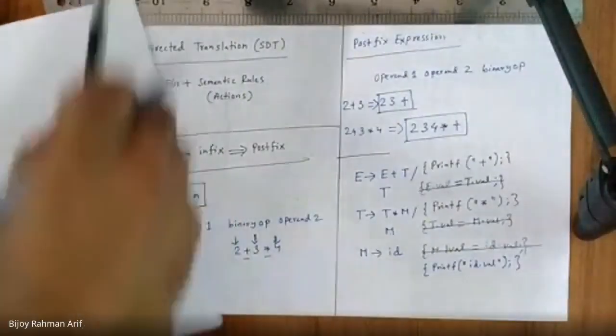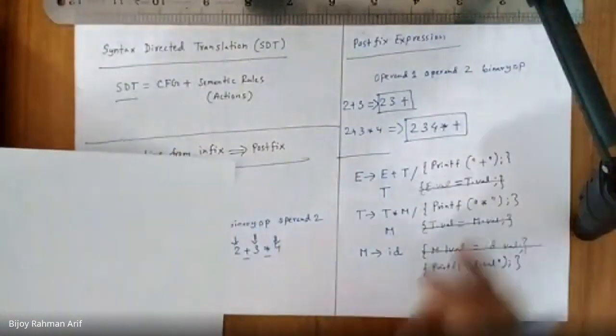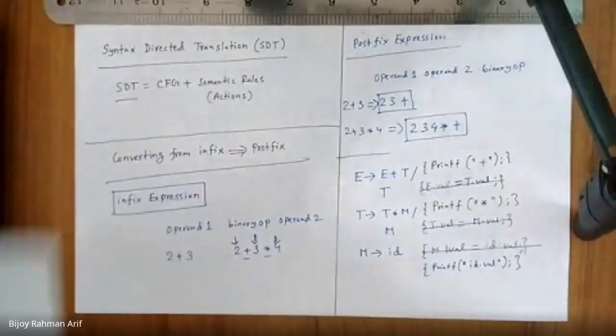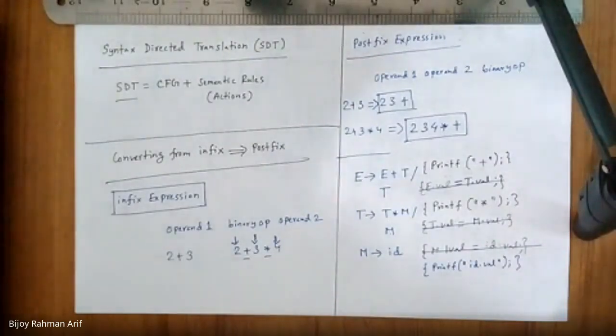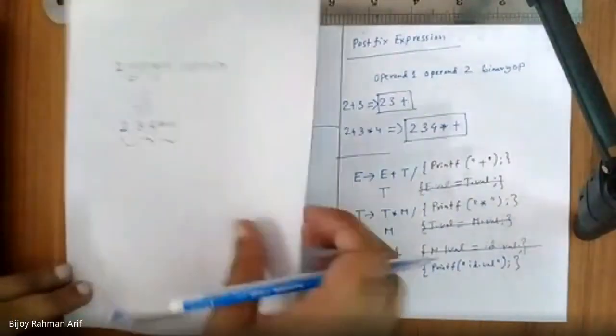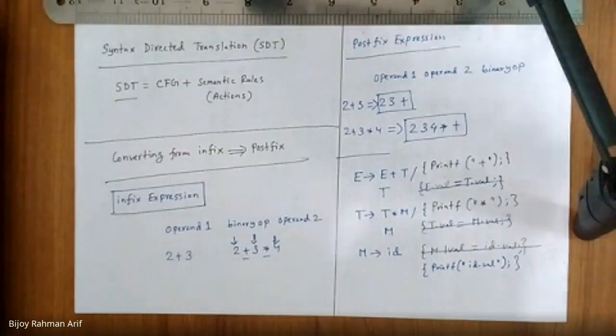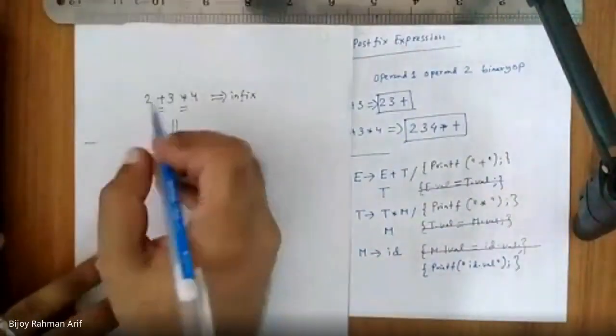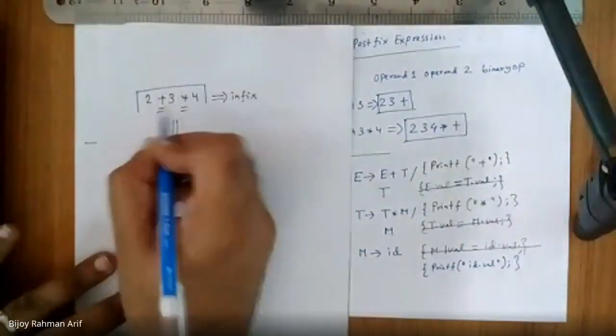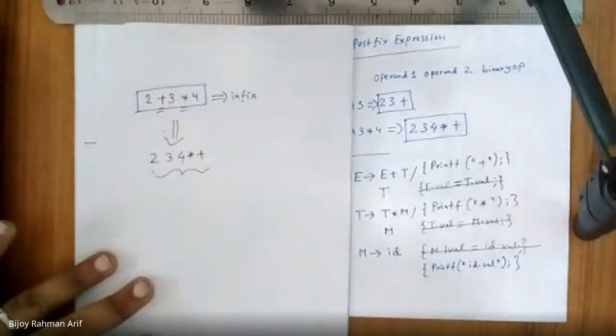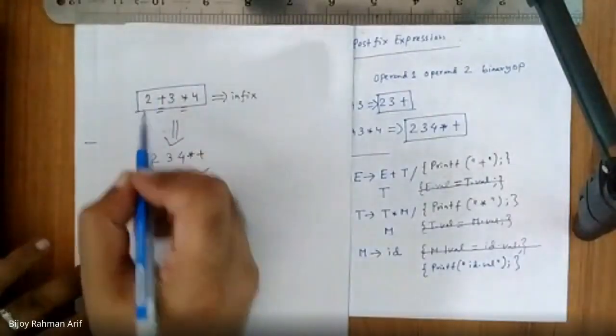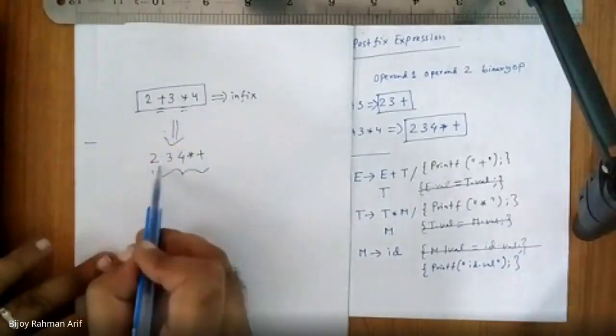Now let's try to come through this action and see what happens. The thing is like this. If we want to convert this infix expression to postfix, at first we derive 2, 3, 4 first.